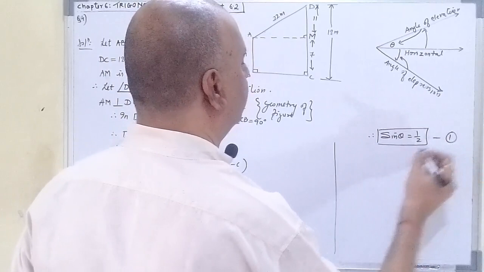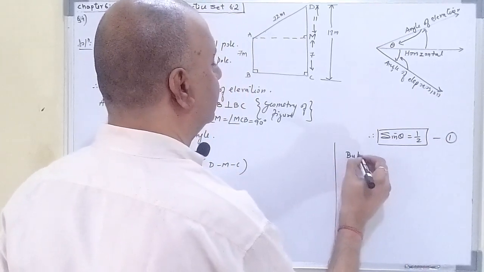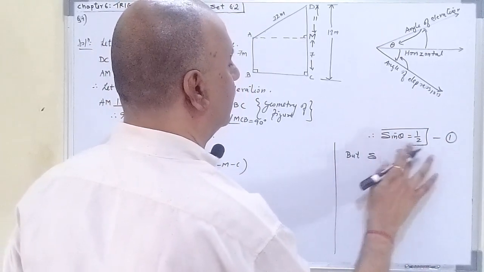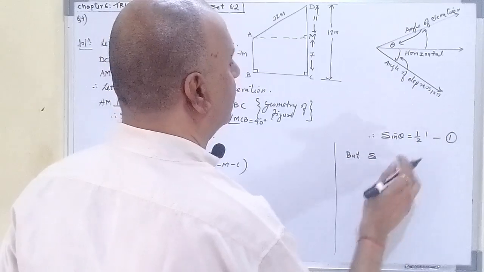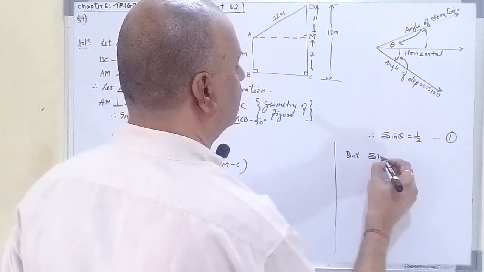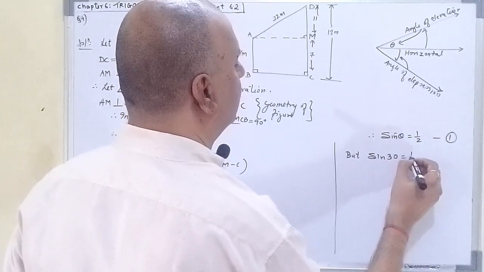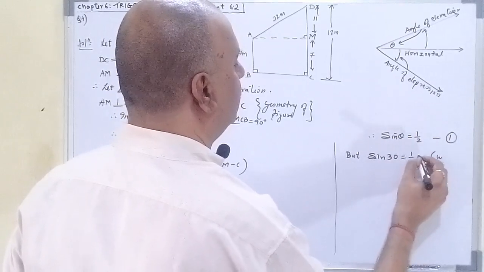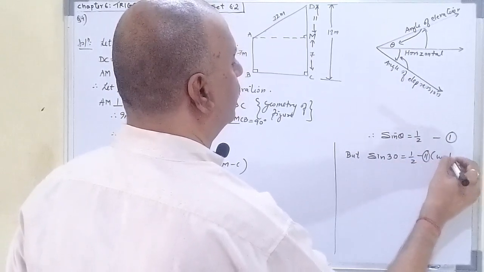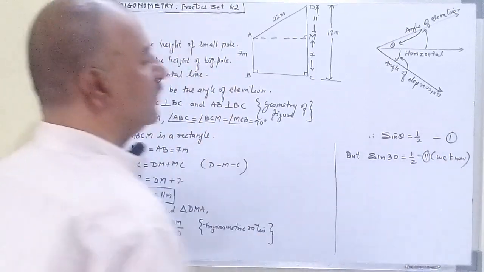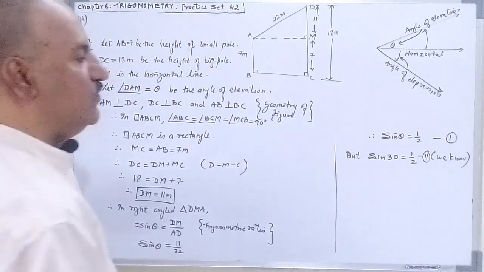This is 1. But sin 30 equal to 1/2. ये 2 we know. But sin 30 is 1/2.